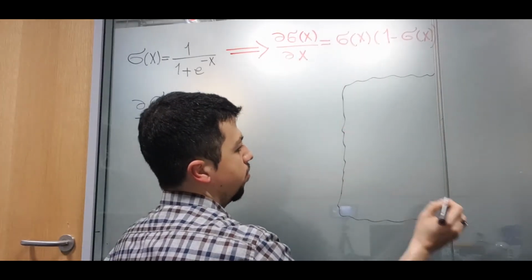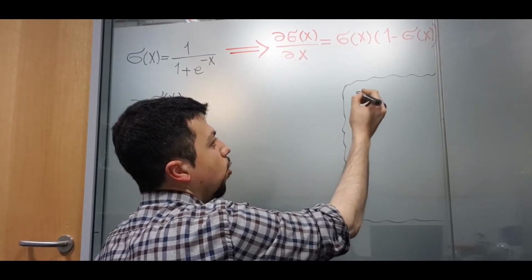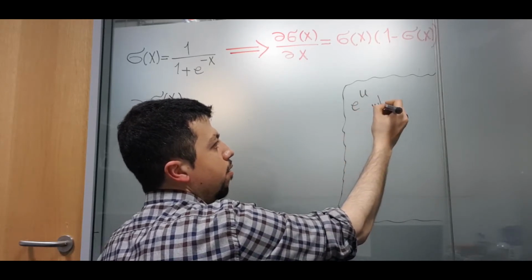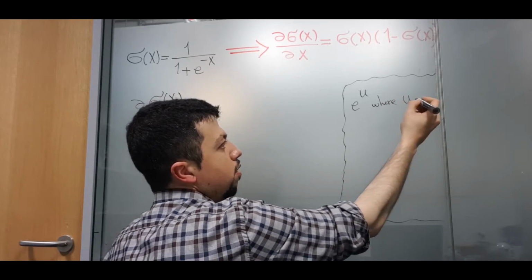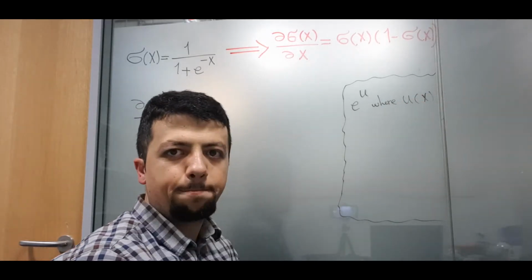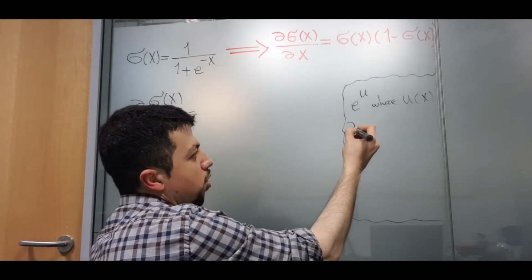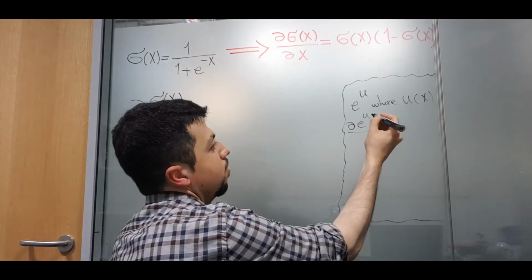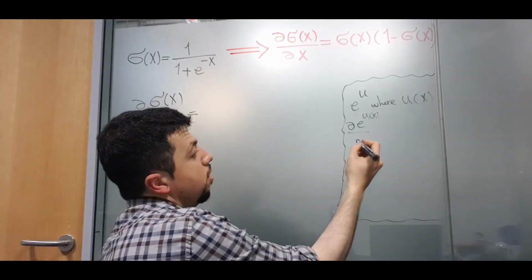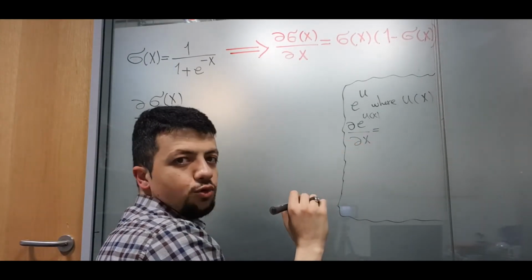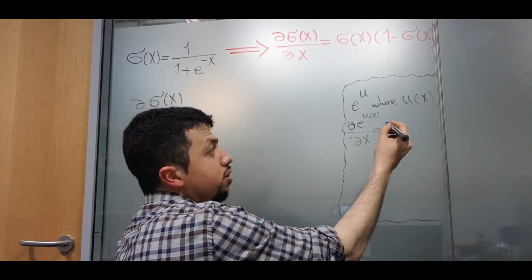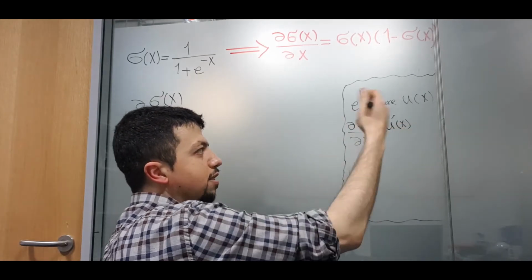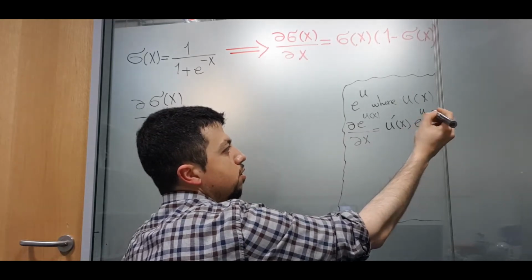If you have e to the power u, where u is a function of x, and you're asked to compute the partial derivative of e to the power u, not with respect to u but with respect to x, so u is actually u of x, that is equal to, as we know from calculus, the partial derivative of u with respect to x, so u prime of x, multiplied by the entire thing as it is, e to the power u of x.